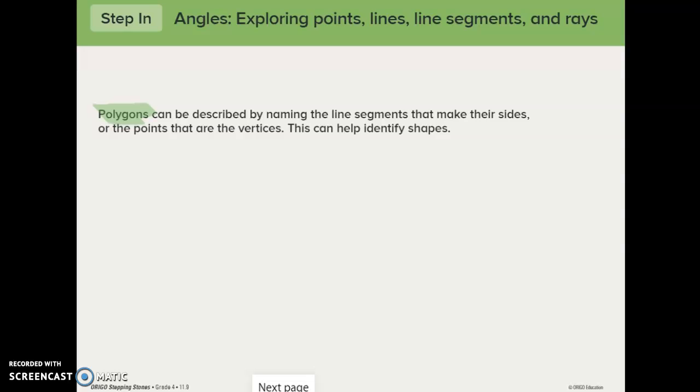So it's a polygon. A vertex is the corners. It's where the different lines meet. That creates a vertex. So any point that two lines, line segments, or rays meet at is called the vertex or vertices.